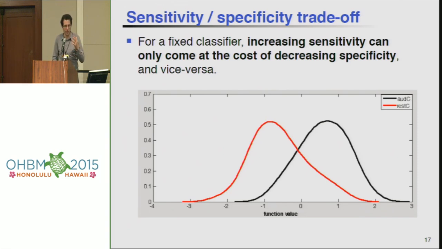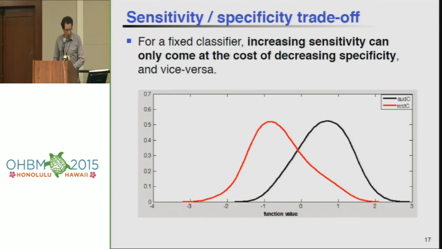Here we're trying to classify whether a scan is a rest scan or an auditory scan, in this case with an SVM. The red curve on the left is the distribution of SVM function values for samples tagged rest, so low function values. And the black curve on the right is the distribution of the function values of the classifier for samples tagged auditory.